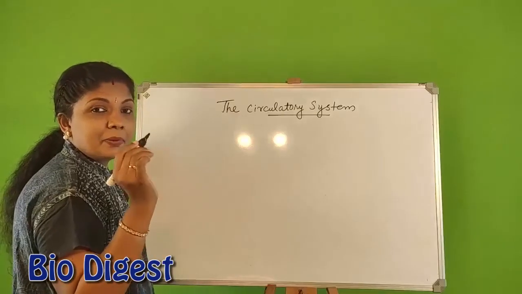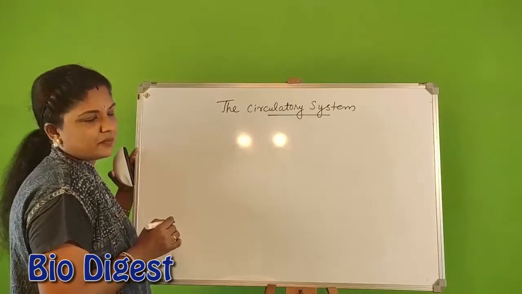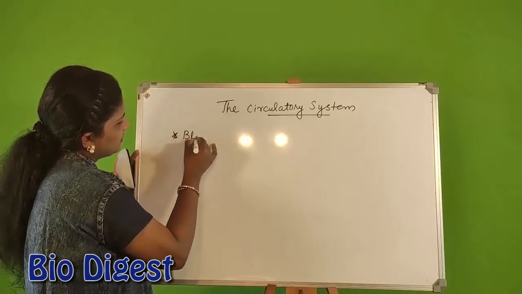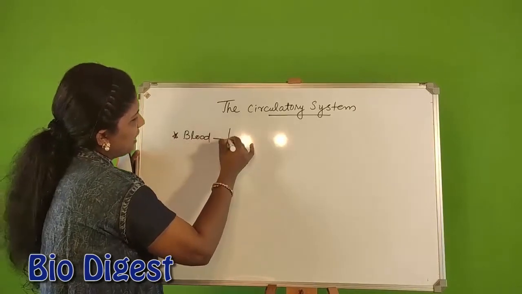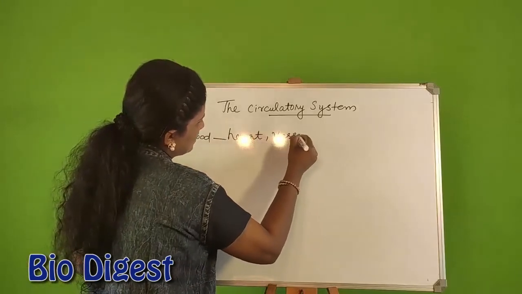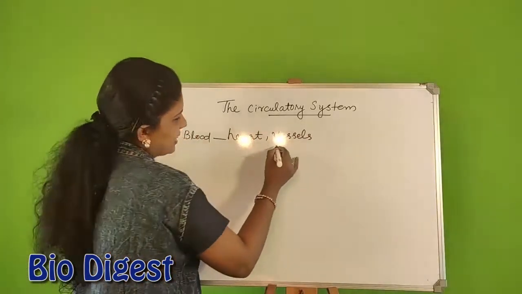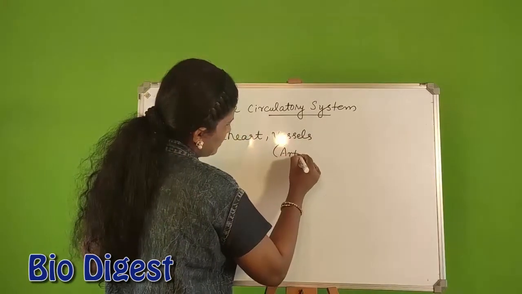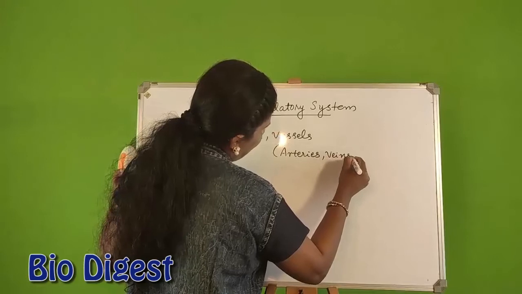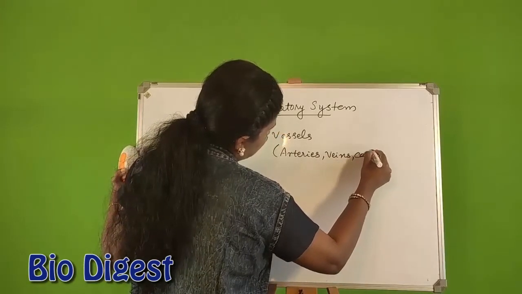There are three principal body fluids. Which are they? One is blood, which is present in the heart as well as in the blood vessels. The blood vessels include arteries, veins, and capillaries.